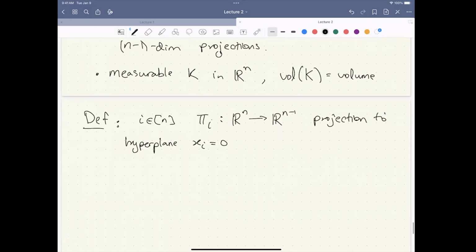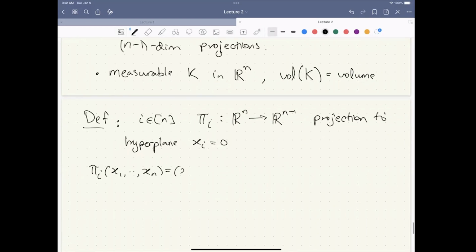In other words, pi_i of (x_1, ..., x_n) is just x_1, ..., x_{i-1}, x_{i+1}, ..., x_n. The i-th coordinate disappears after projection.